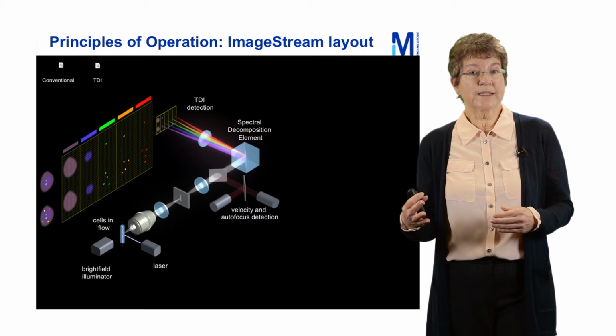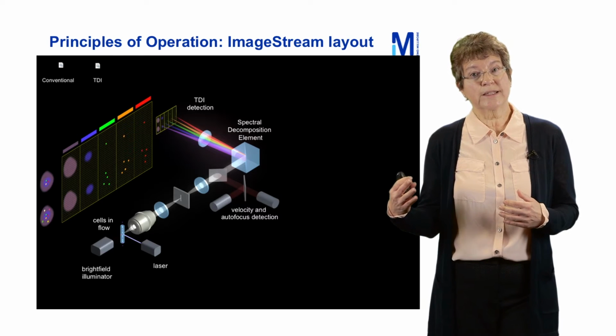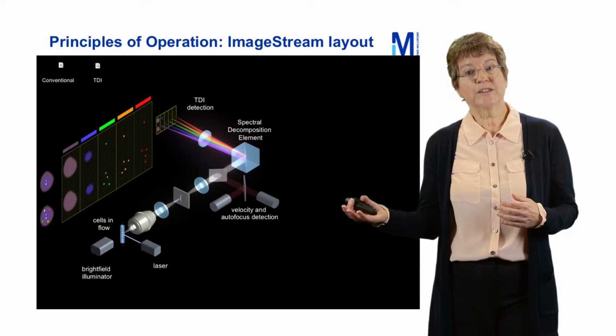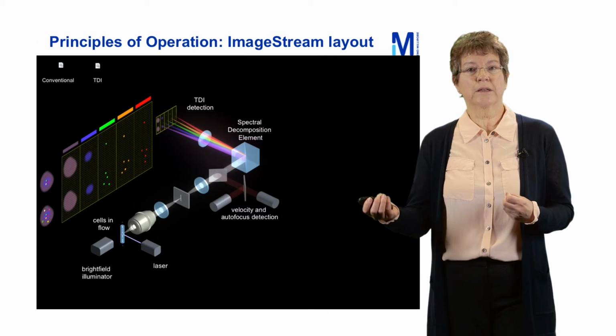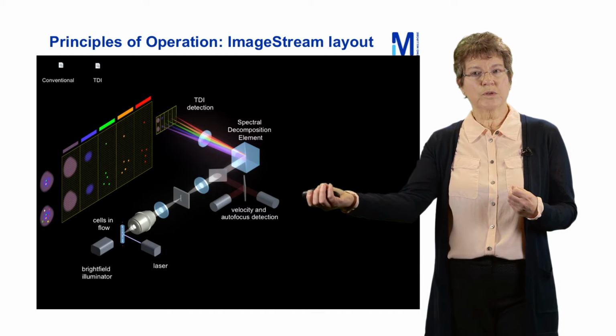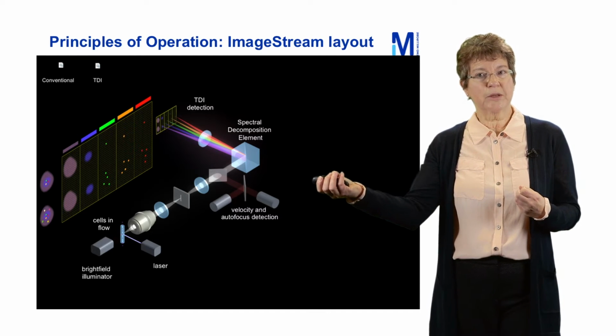The fluorescence and the bright field imagery and side scatter are then captured through an objective lens and collimated to the spectral decomposition element.